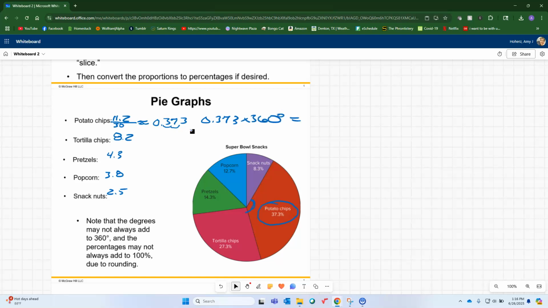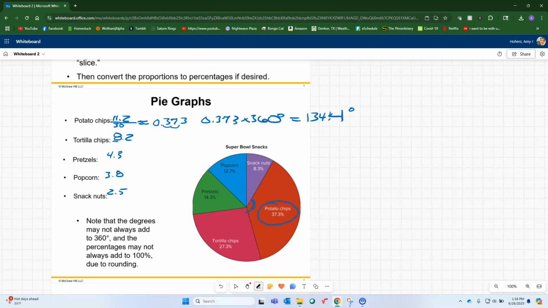If I take that times 360 degrees, I find out that 37.3% of the circle of the whole 360 degrees is 134.4 degrees. Sometimes it'll ask you to round it to the nearest degree. On the exam, I don't really care. If you show me the work, I don't care if you round it to a tenth or the whole number, as long as you know how to calculate it.